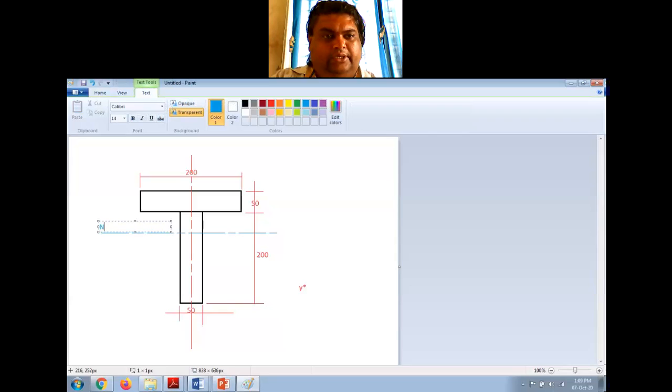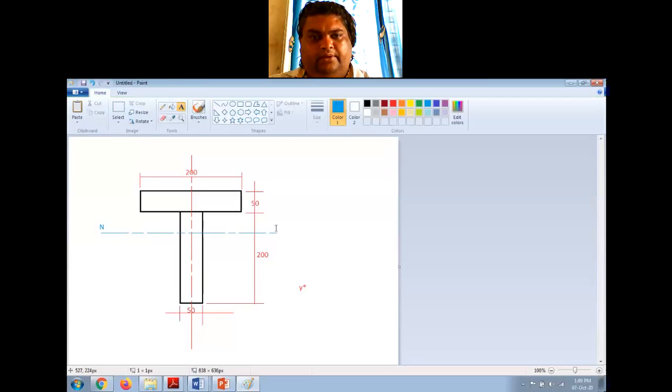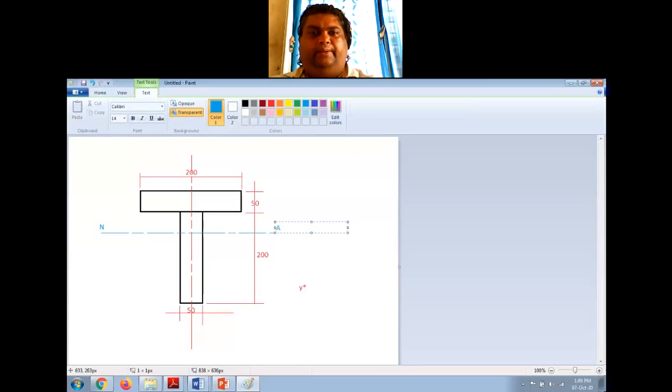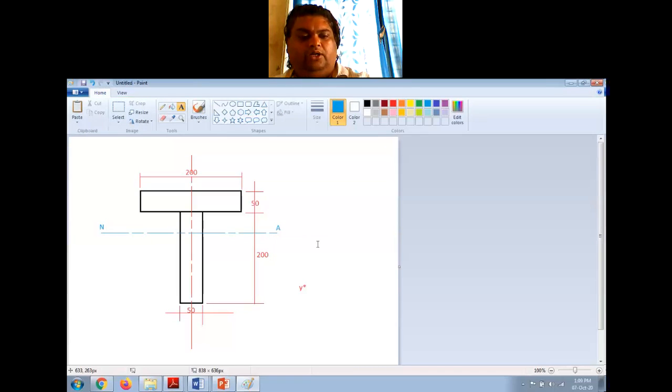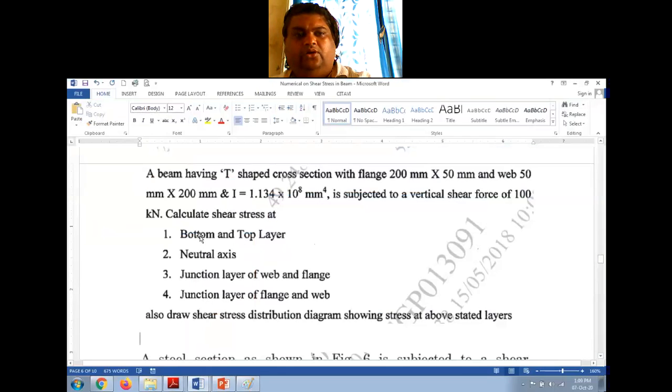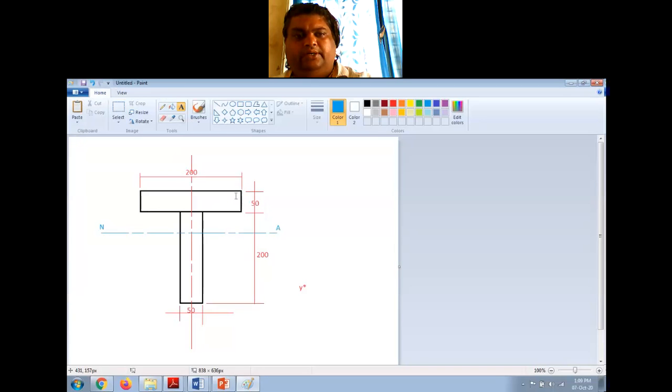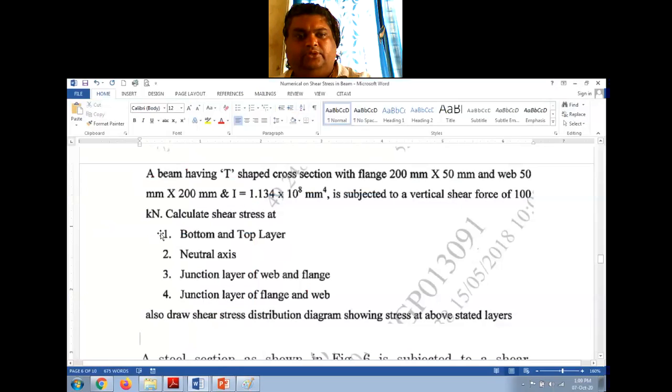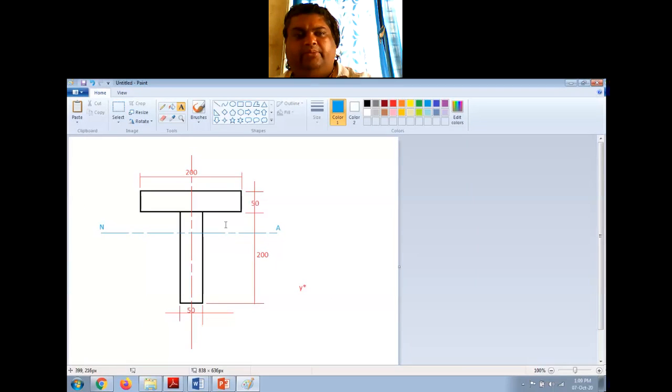I will show this as NA. Right? Now, what are the points he has asked? Bottom and top layers. That is, this is top layer. This is bottom layer. Neutral axis. That is this portion. And junction layer of web and flange. It is this layer only, right? This point.